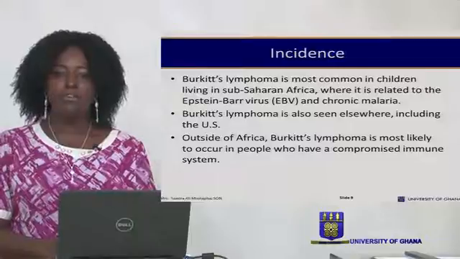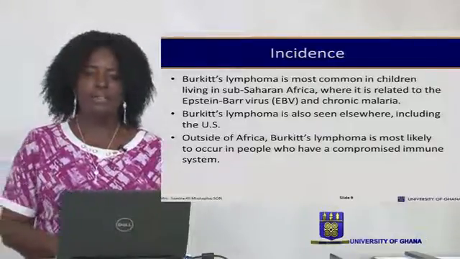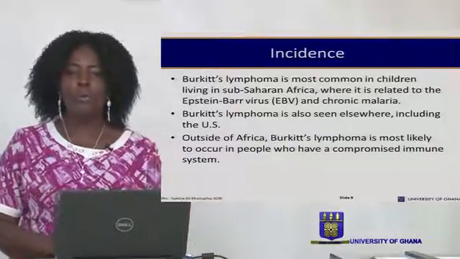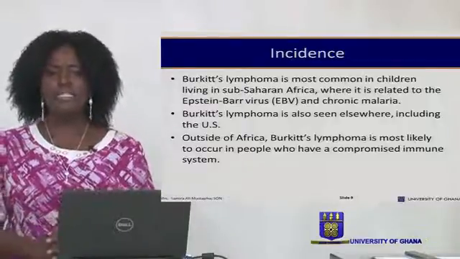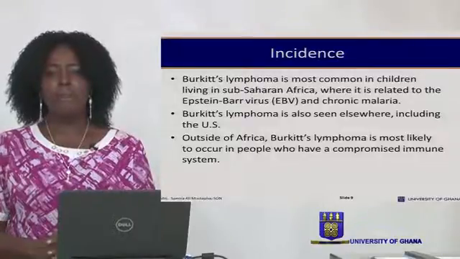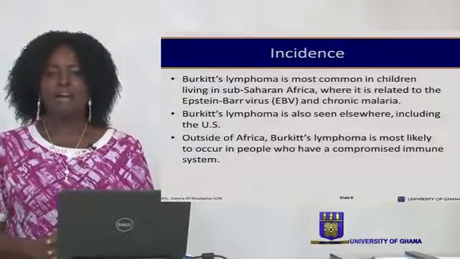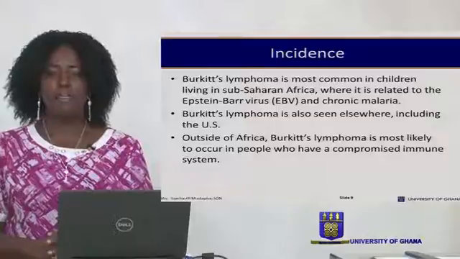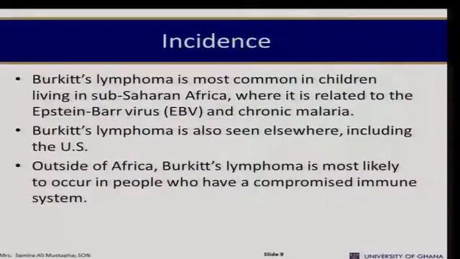Burkitt's lymphoma is also seen elsewhere in other parts of the world where it is not related to Epstein-Barr virus. Outside Africa, Burkitt's lymphoma is more likely to occur in adults than in children, and in people who have immunosuppressed states, like patients with HIV.